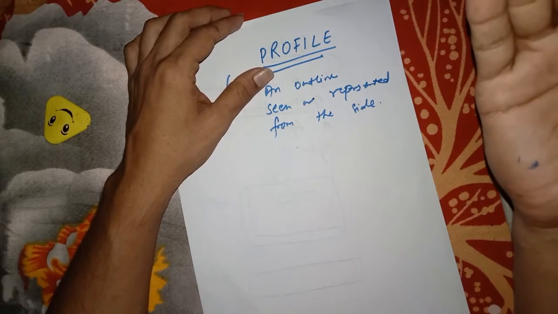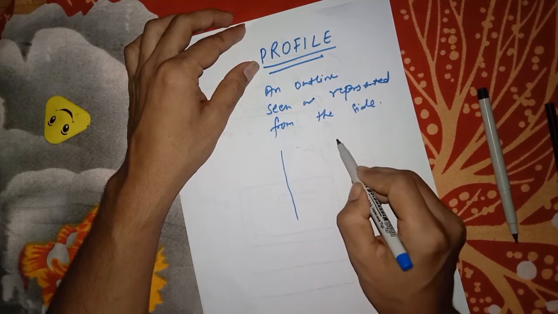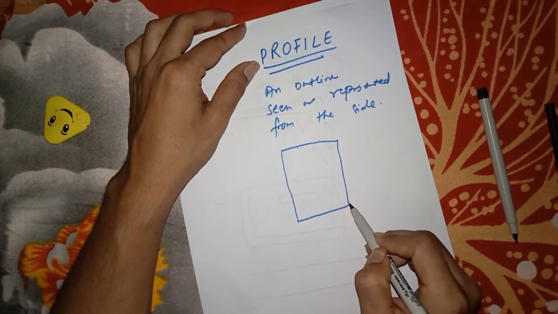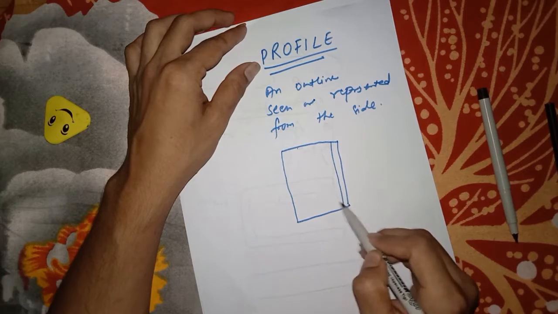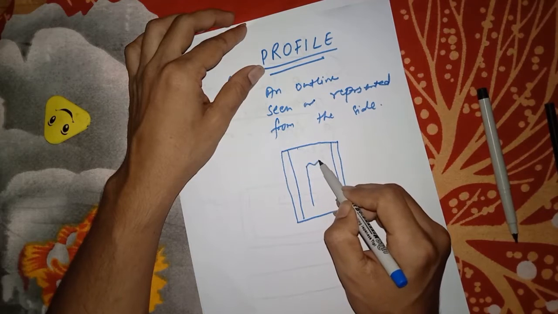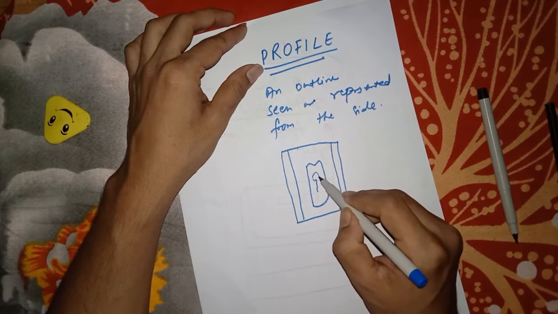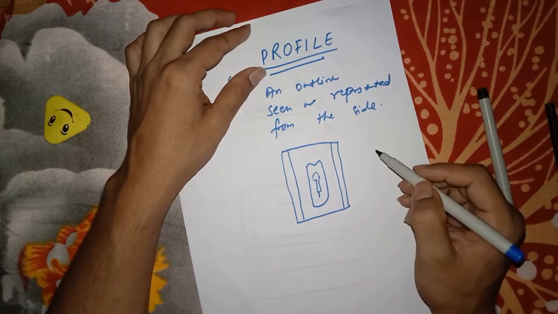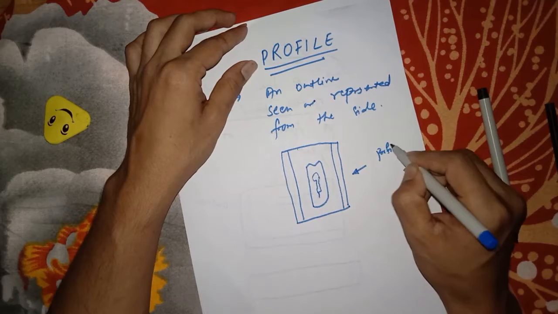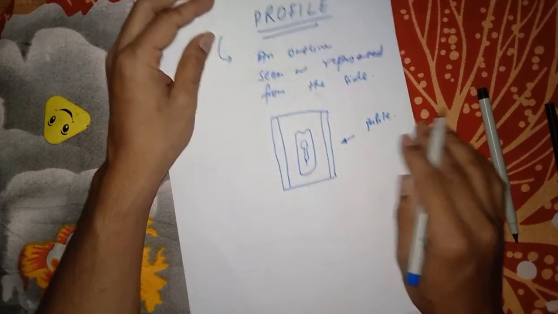For example, in my room, there is an almirah in front of me, and I see only this, and nothing else. So this may be the profile. Have you got my point?